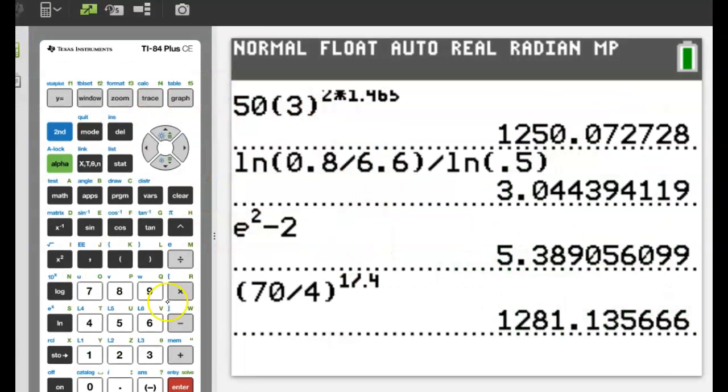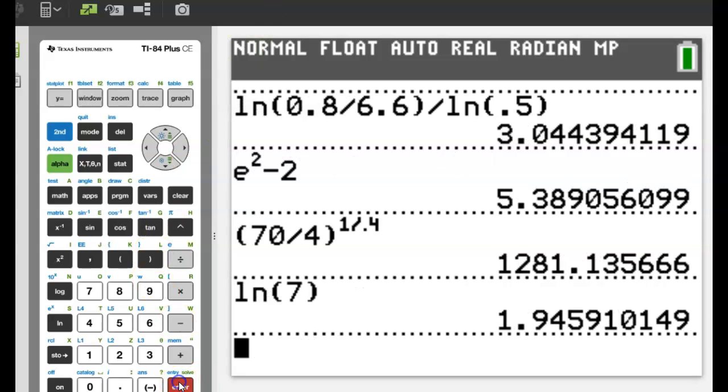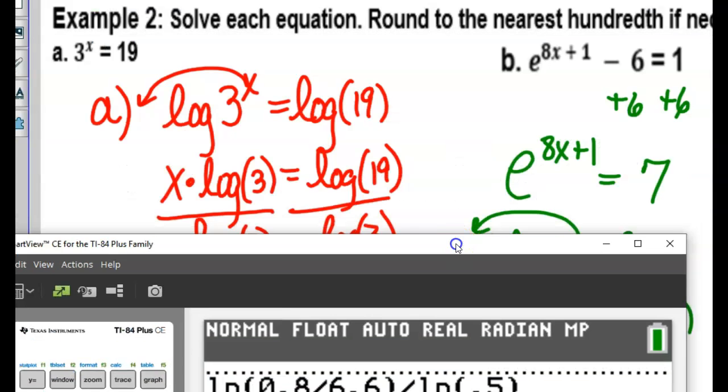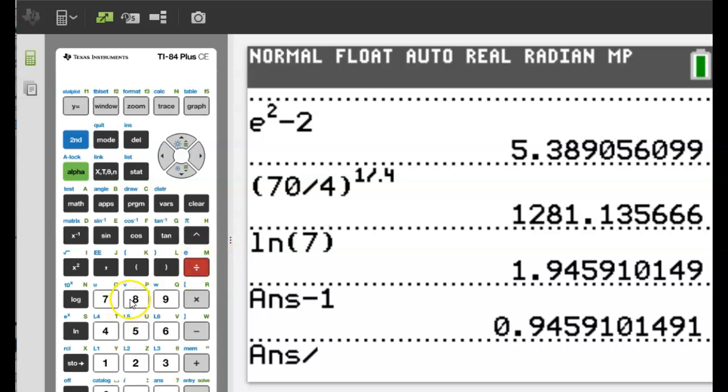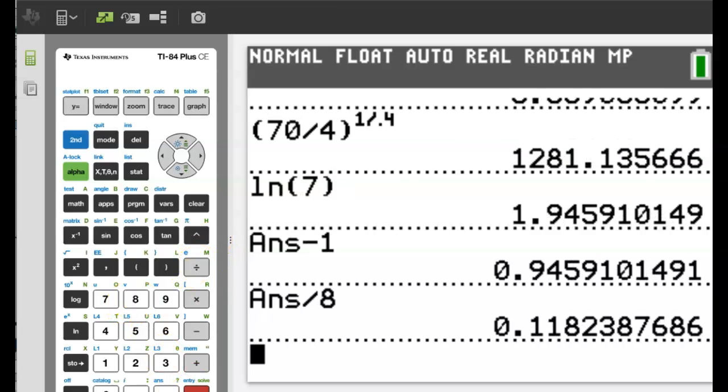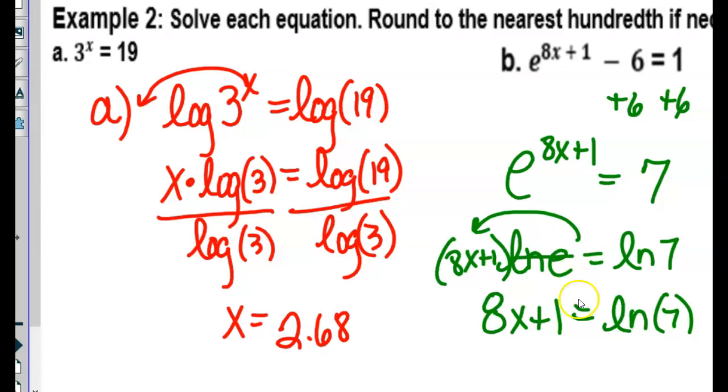So if I type ln of 7, was that what it was, guys? I already forgot. And then that's equal to 8x plus 1. So like my directed studies kids would do, I can just do -1 and then divide it by 8 because they don't want to show work. Anybody getting that? Is that what it had on the worksheet? 0.12 to 2 places.